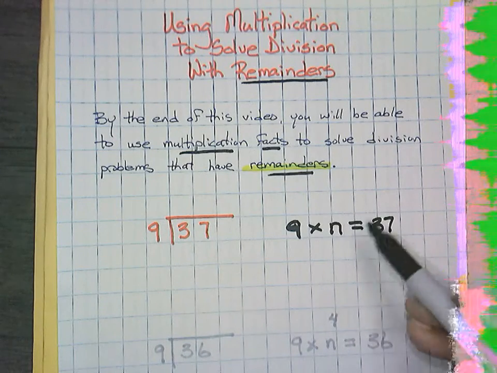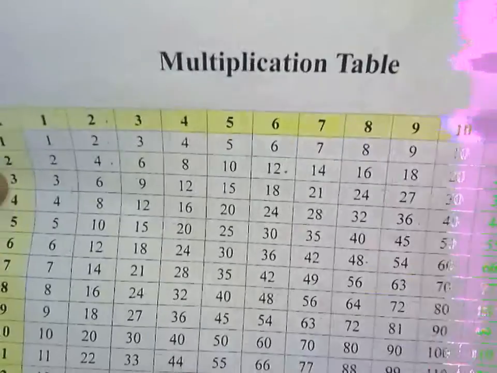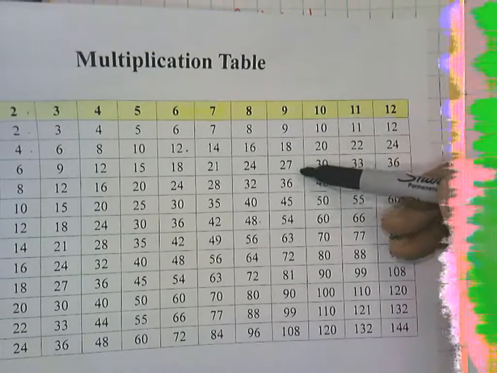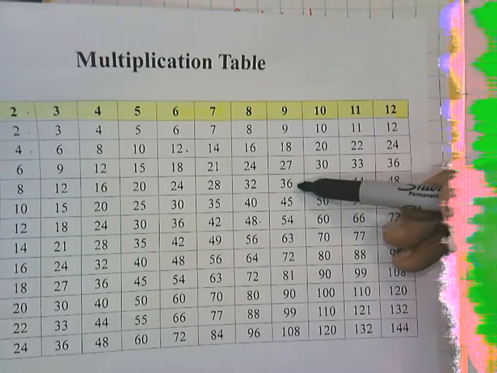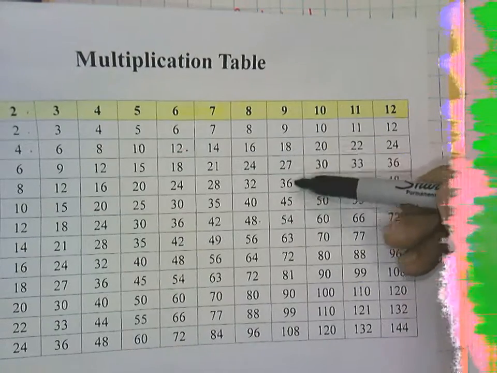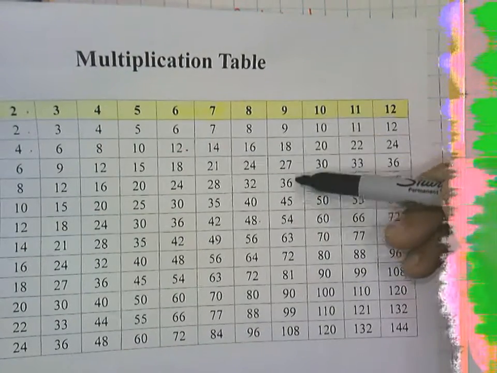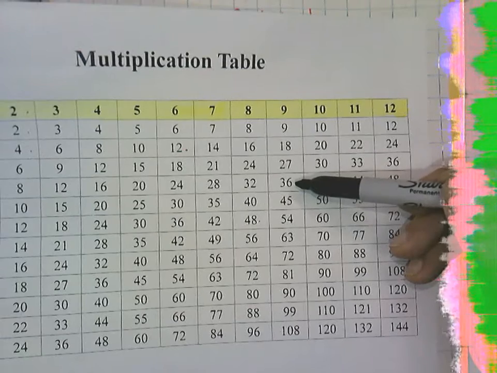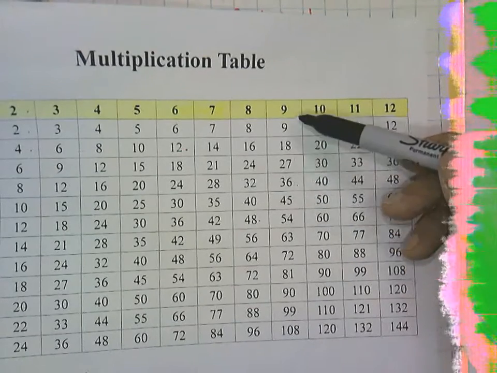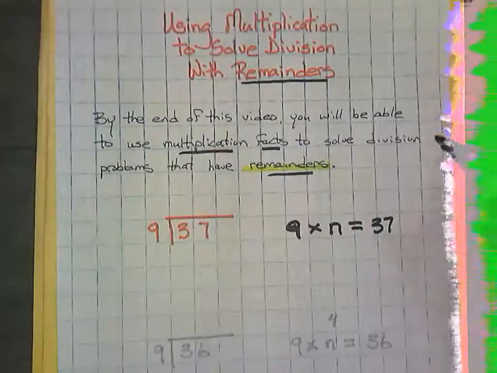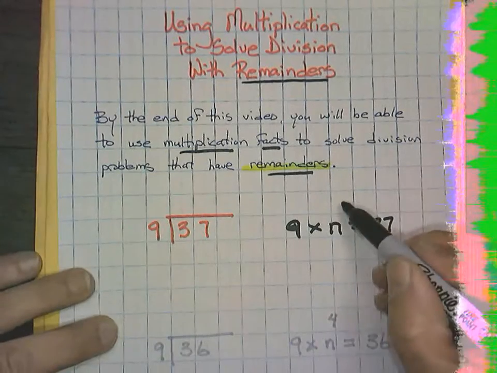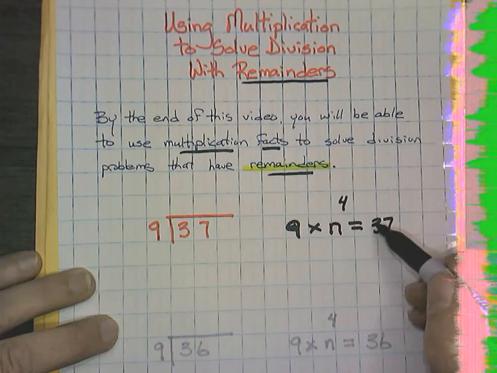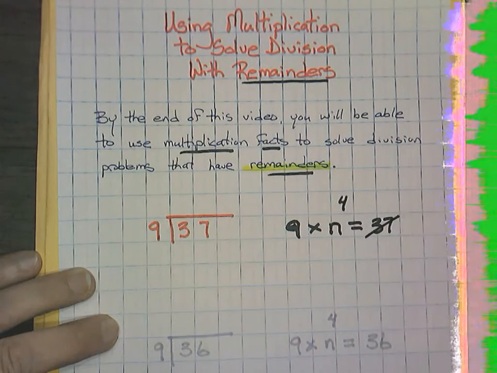I know that 9 times 1, 2, 3, 4 is equal to 36, but if you look on our multiplication chart, we do not have anything that is 37. The closest we can get without going over would be 36. So that would be 9 times 1, 2, 3, 4.